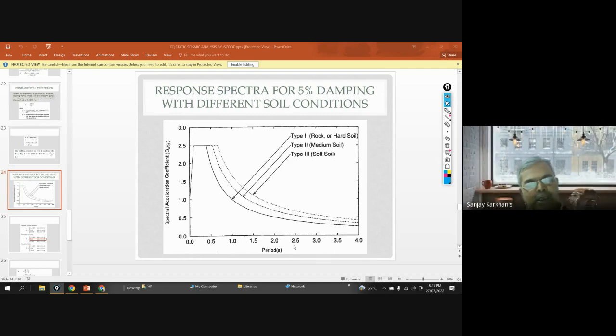So the only thing is that you have to find out T, and based on T, you can find out your SA by G graphically. Let's say we are having T equal to 0.28. So this is 0.5. So it will be somewhere here. And if I draw a vertical line and then I go to this, I will go to 2.5, right?